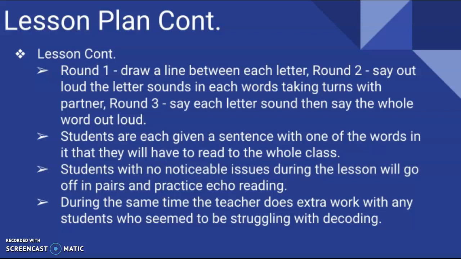If the partners finish early, then they should practice doing the decoding in their heads and then only saying the whole word out loud. After all the pairs are done, each student will be given a sentence with one of the words from the list in it, and then they will all be asked to read it out loud to the whole class.